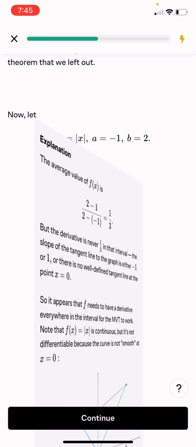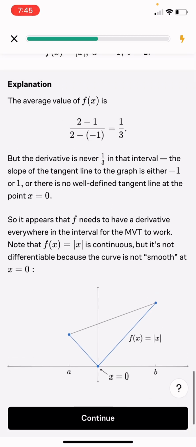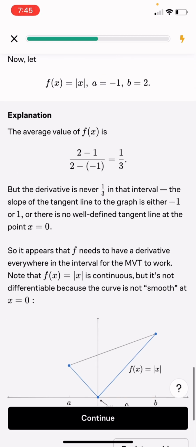So it appears f needs to have a derivative everywhere in the interval for the MVT to work. Note that f(x) equals the absolute value of x is continuous, but it's not differentiable because the curve is not smooth at x equals 0. Or it could be considered corners, as we can see here.